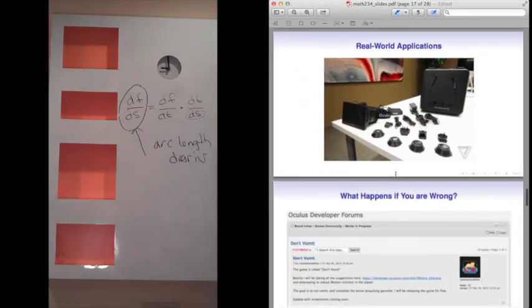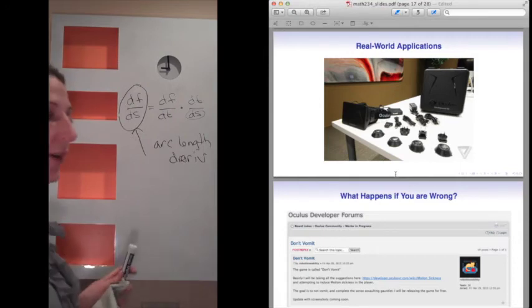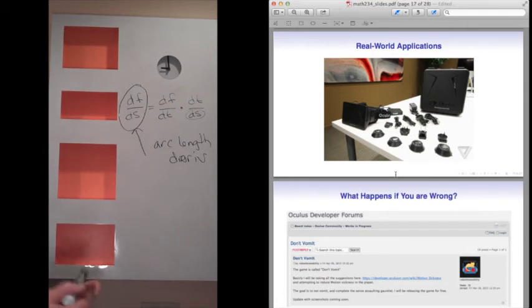All right, so what are some real-world applications of this kind of mathematics? I was talking to some friends who work for a company called Oculus in Southern California, and they are developing virtual reality gaming software. Some of you may have heard of the Oculus Rift. Seems to be the new darling of the tech world.